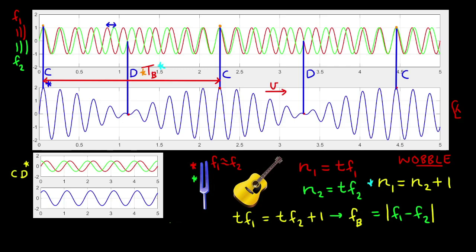So for example, you'd set the frequency of the tuning fork to be some frequency and tap it, and then you'd pluck the string of the guitar, and that'll vibrate at some other frequency. And if you hear a wobble between these two frequencies, that's the beat phenomenon. So you tighten or loosen a string on the guitar, so the frequencies match and you no longer hear the wobble.